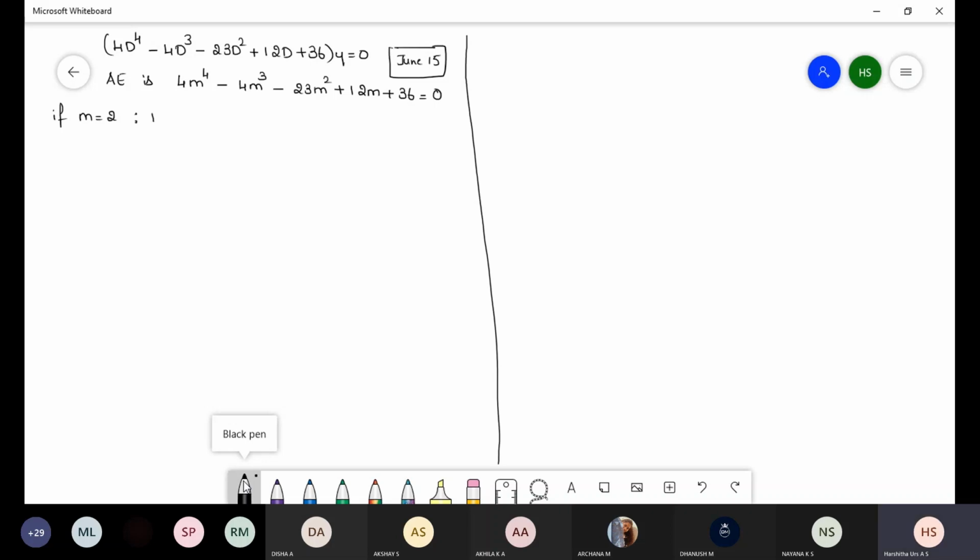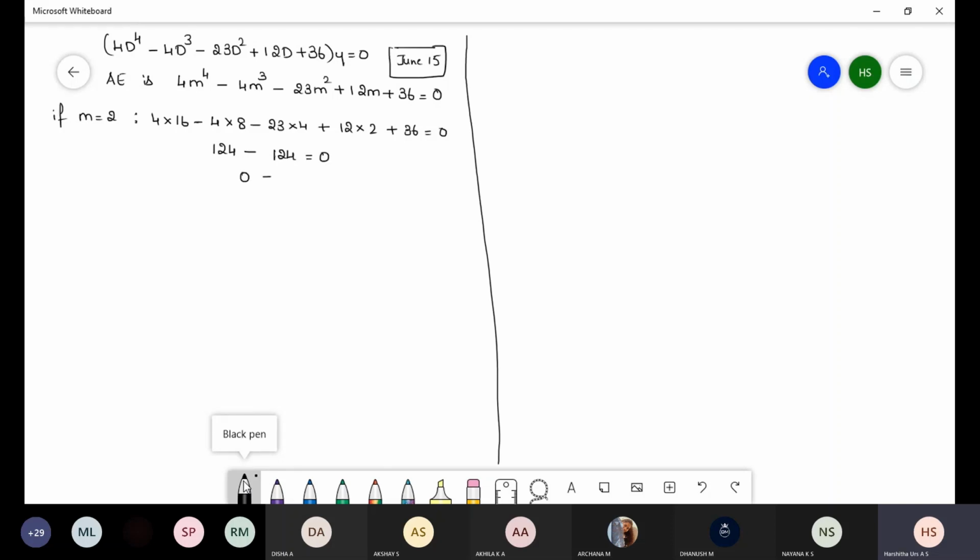So here 4 into 16 minus 4 into 8 minus 23 into 4 plus 12 into 2 plus 36 is equal to 0. So 64 plus 24 plus 36 we get 124, minus 124 again.